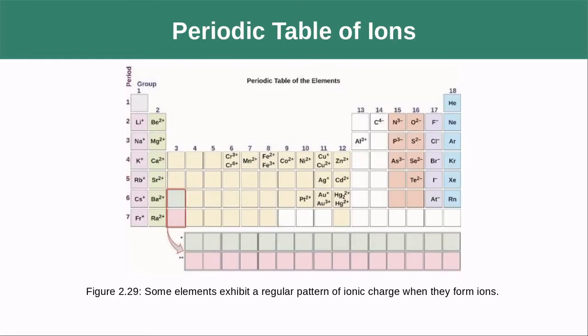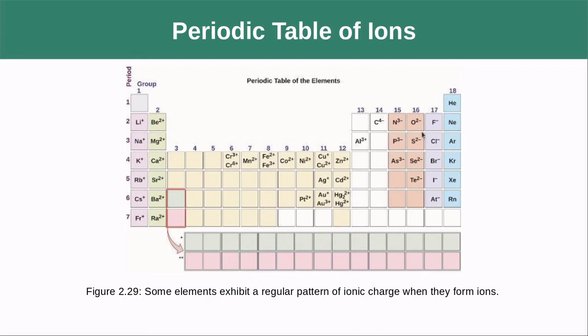So let's picture this a little bit. It's a lot easier with it all laid out here. So basically in group 1, lithium wants to be like helium. So it's going to lose 1 electron so that it would have the same number of electrons as helium. Similarly, sodium wants to lose 1 so that it can be like neon.